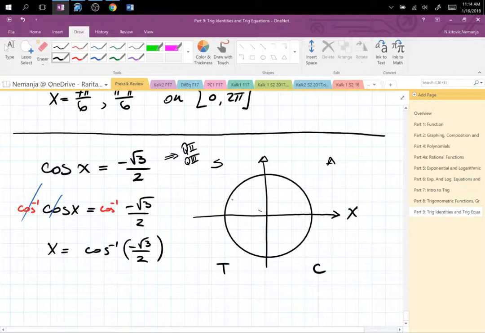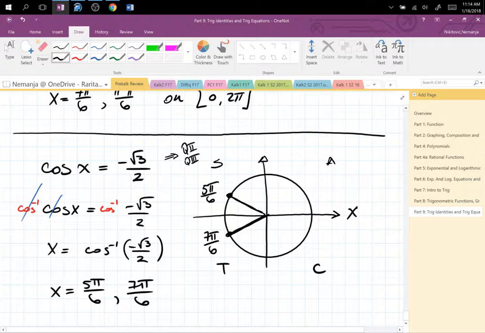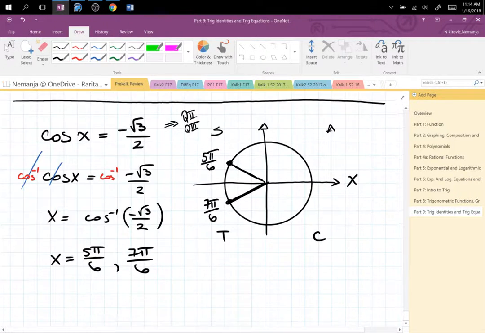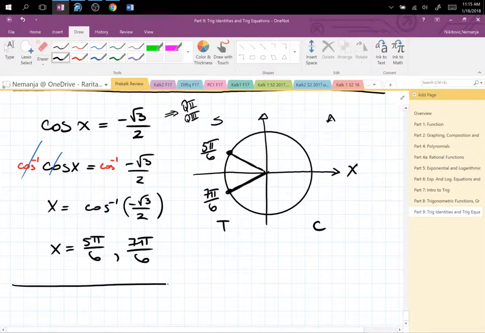So we have these two: 5 pi over 6 and 7 pi over 6. Those are the ones. Again, on 0 to 2 pi.